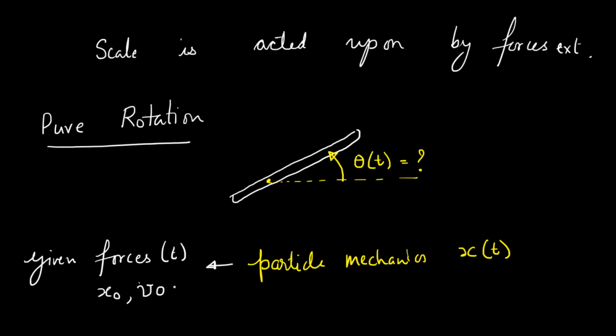So given x0, v0, and the force history, we predicted x of t. Okay, now let's not go through it again, we've done this before.